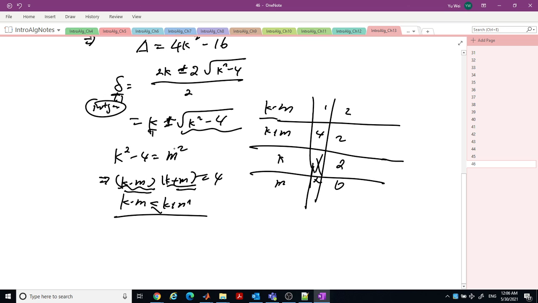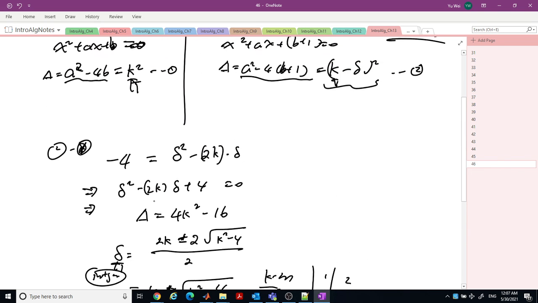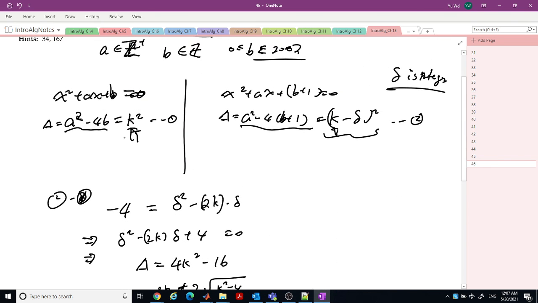Okay, if k equals 2 and m equals 0, then delta is equal to 2, right? If delta is equal to 2, that means a squared minus 4b is k squared, right?